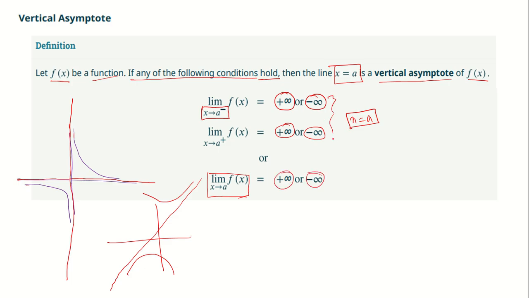If any one of these three conditions holds, then we can say x equals a is a vertical asymptote. So we can easily find the vertical asymptotes using limits.